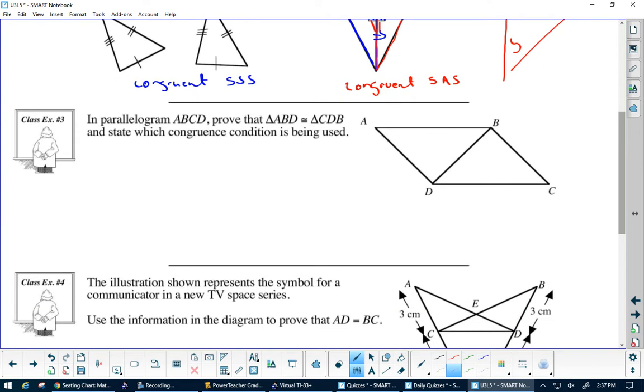Okay, in the parallelogram ABCD, prove that triangle ABD is congruent. So that's what this means, just so you know. It's an equal sign with a little worm on top. I'm kidding, that's not a worm. That's a little squiggle. Okay, and that means congruent.